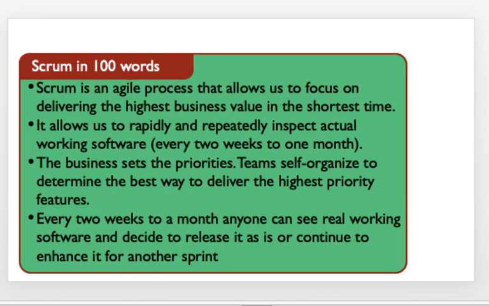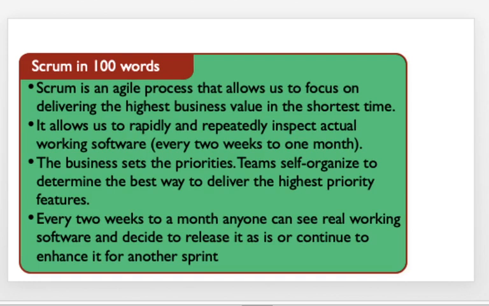If I have a set of requirements and I have to give an actual working software every 2 to 4 weeks, then obviously there comes the point where I need to set the priorities. Once I set the priorities for the requirements, the project team needs to be self-organizing in nature, in the sense that I do not want an external force to motivate my team to deliver.